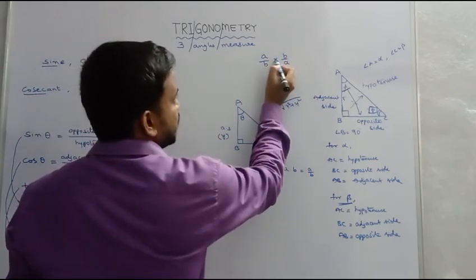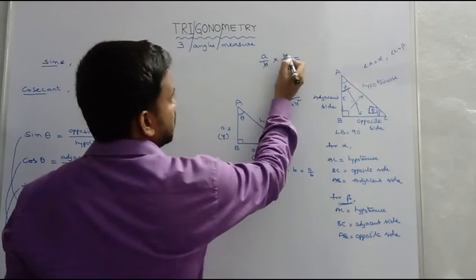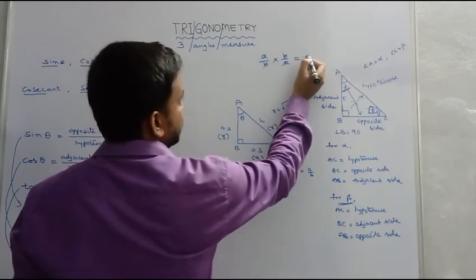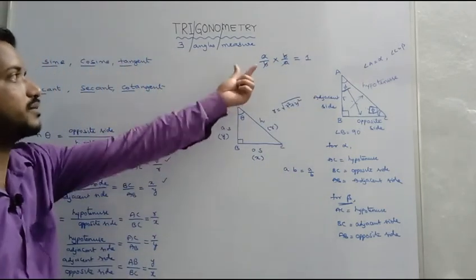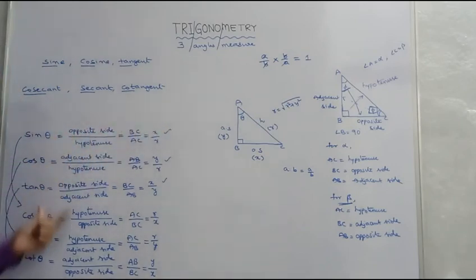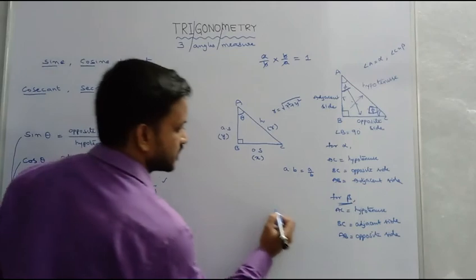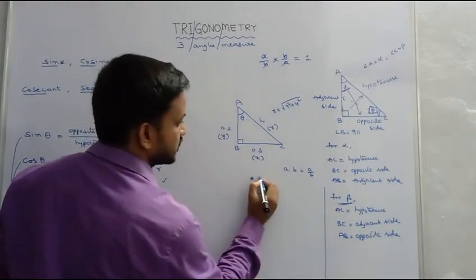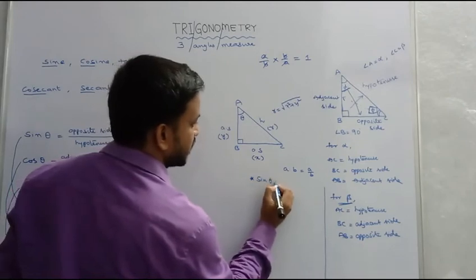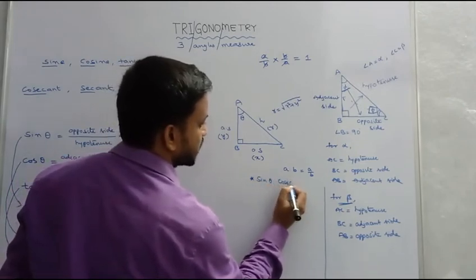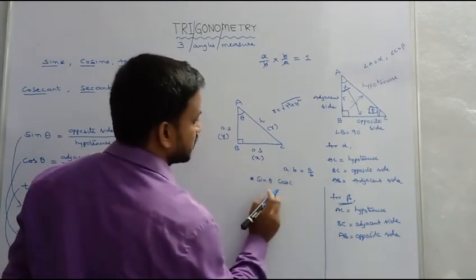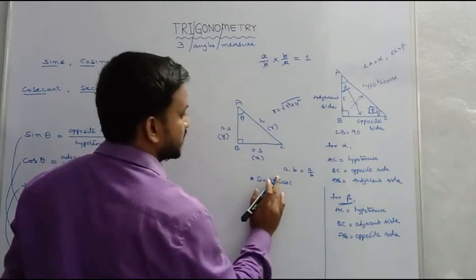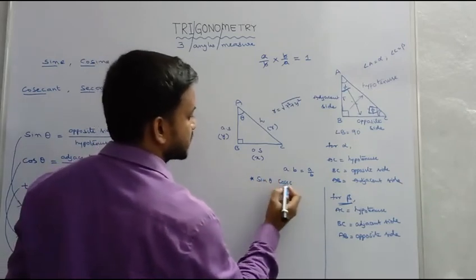When you try to multiply this, what you will get? b, a gets cancelled, the result is 1. So from this, when you apply the concept, sine and cosec are reciprocal. So the product sine theta into cosec theta, this dot stands for into, or simply without mentioning this dot also you have to consider the same.